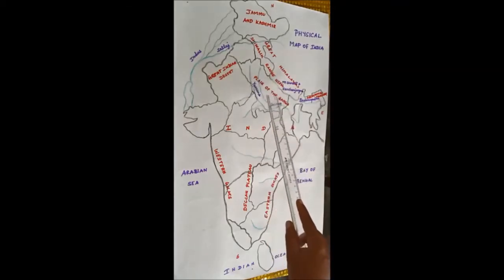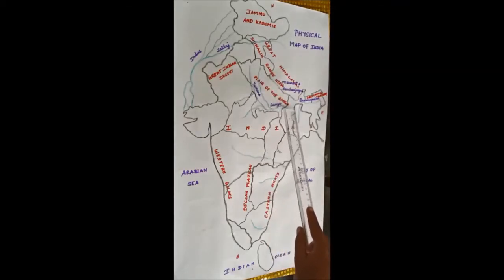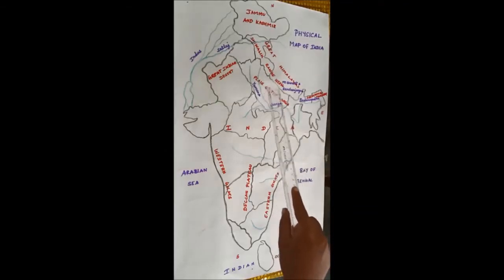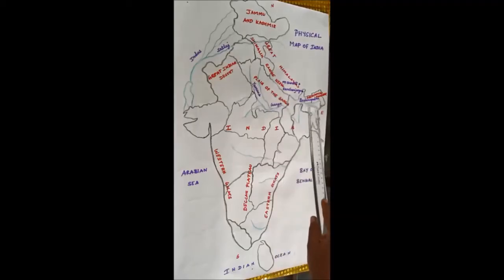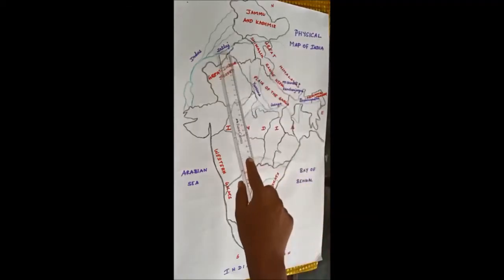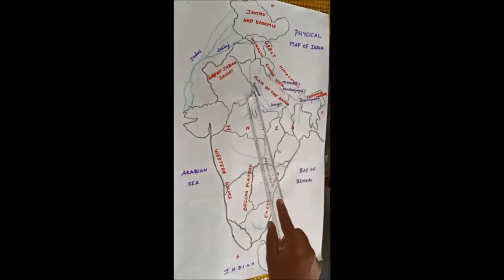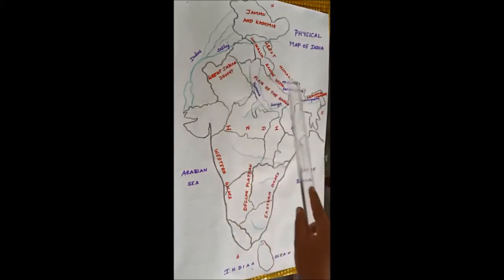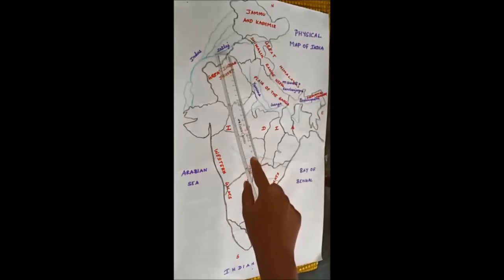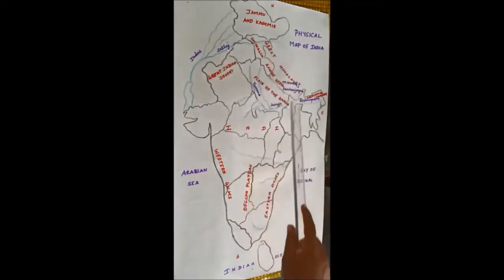The rivers Ganga, Yamuna, Brahmaputra and Satluj. Okay, children, this is all about Himadri.